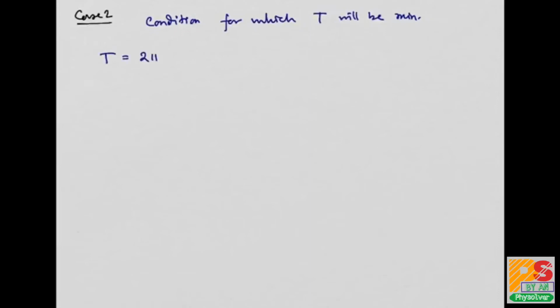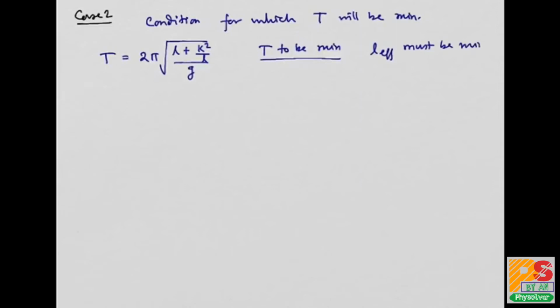T is 2 pi root over L effective by G. L effective is L plus K square by L, divided by G. Now for T to be minimum, this effective length, L effective, must be minimum, right? Now L effective is L plus K square by L. To find the minimum value of this, we will differentiate it with respect to L.